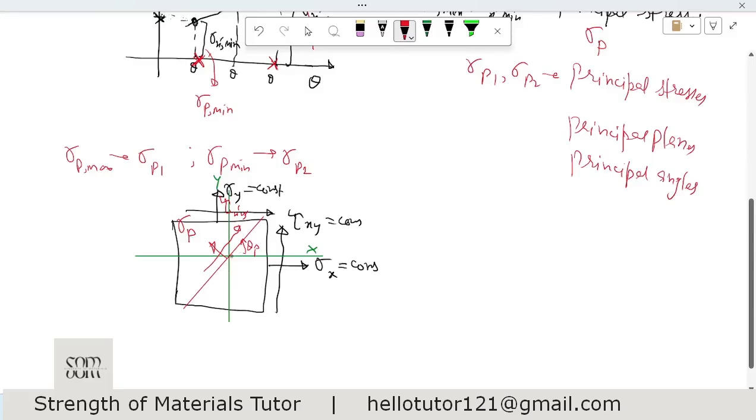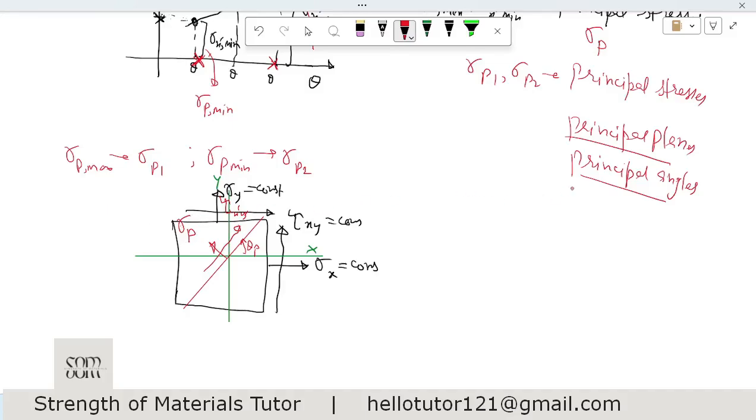So this plane, the red line, is called the principal plane. This theta p is called the principal angle, and because this is the maximum normal stress, we call it principal stress.